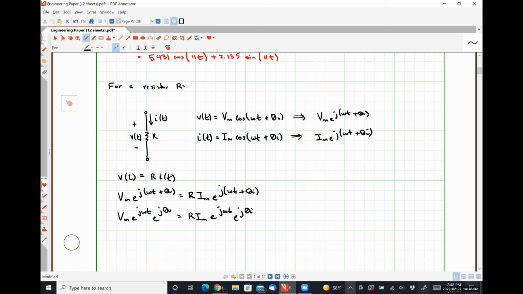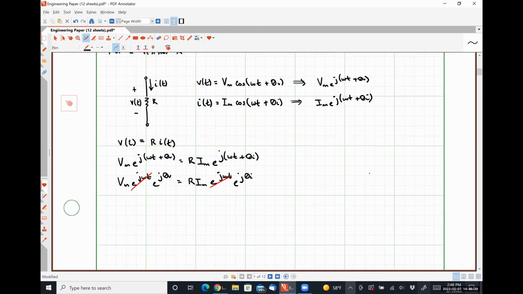So we can suppress that frequency term, which just leaves us with Vm e to the j theta v is equal to R times Im e to the j theta I. We are effectively in the frequency domain now, okay? Because the only pieces of information that we have are our magnitudes and our phase angles.